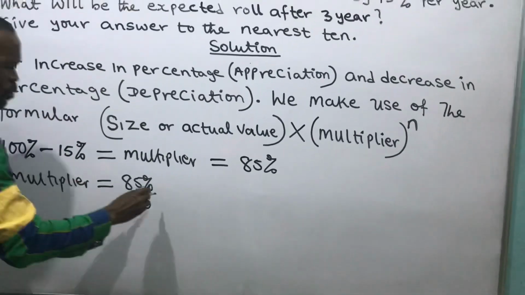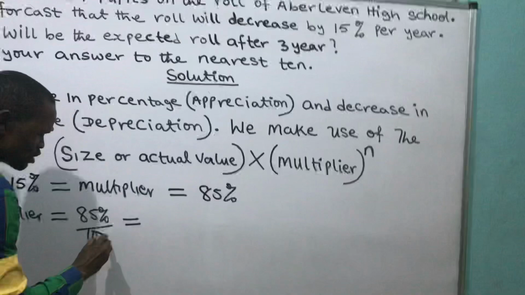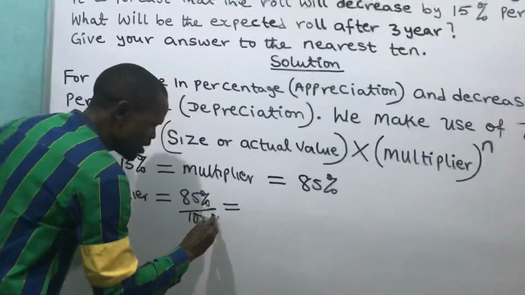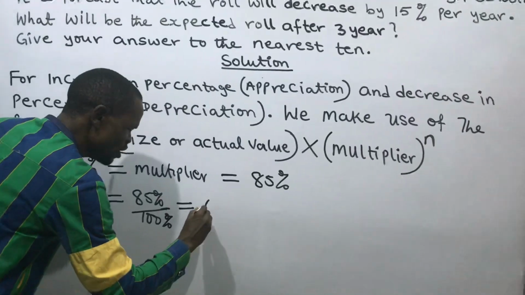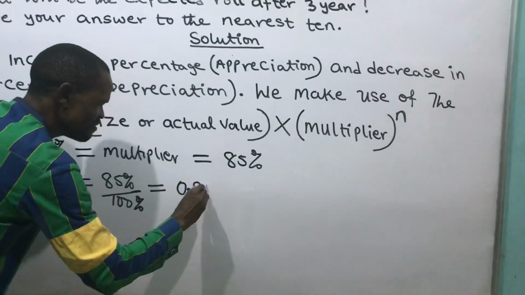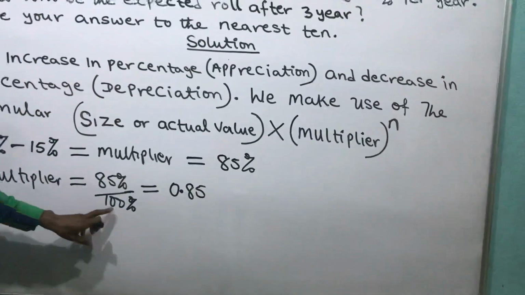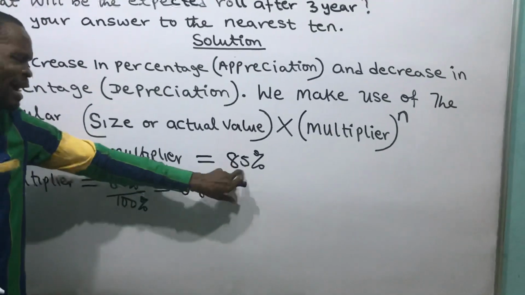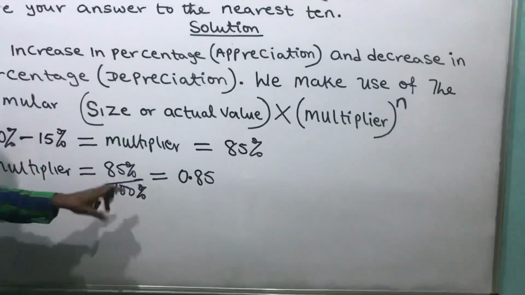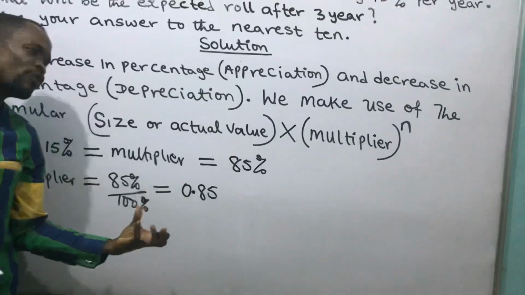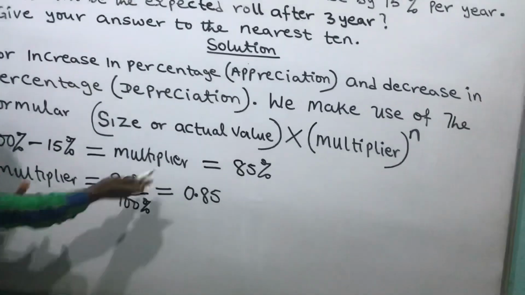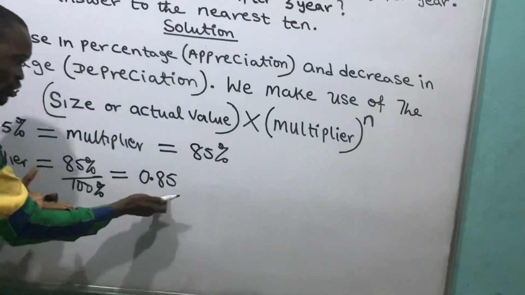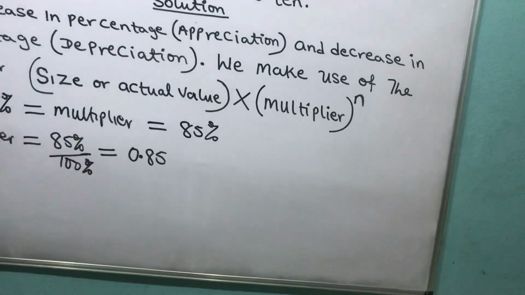When I divide by 100, I have an ordinary number, and this becomes my multiplier now.